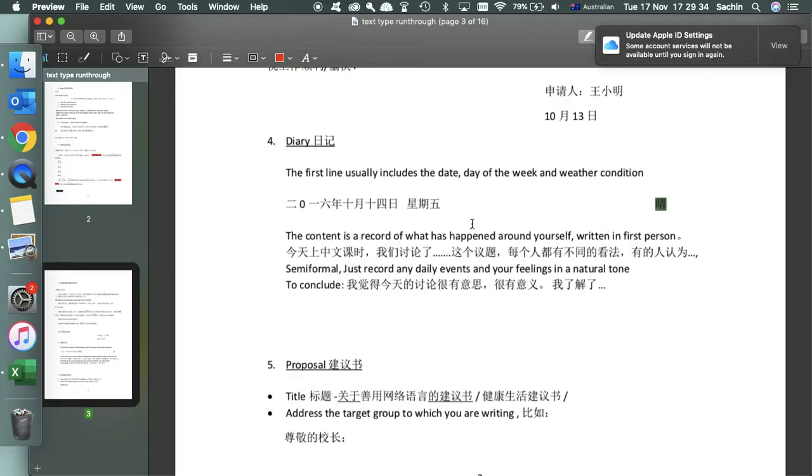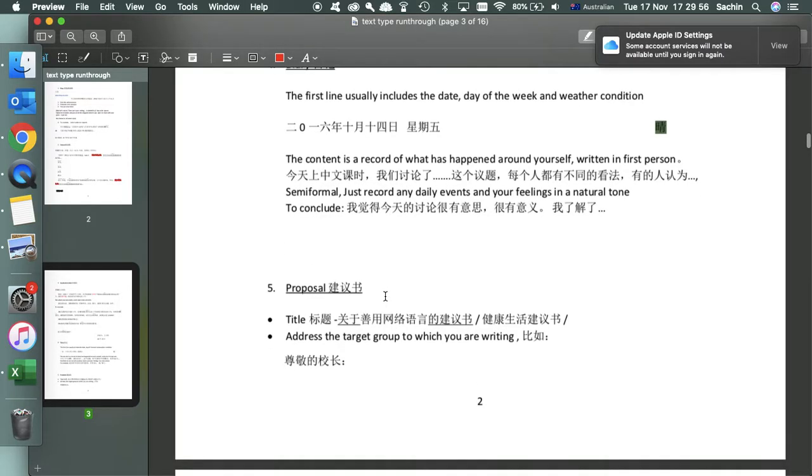So just what happened and how it has affected you. And then the diary is semi-formal, so you don't really need to be too formal with your writing. And to conclude, you just say, I think today was very interesting, I now understand, and something like that.